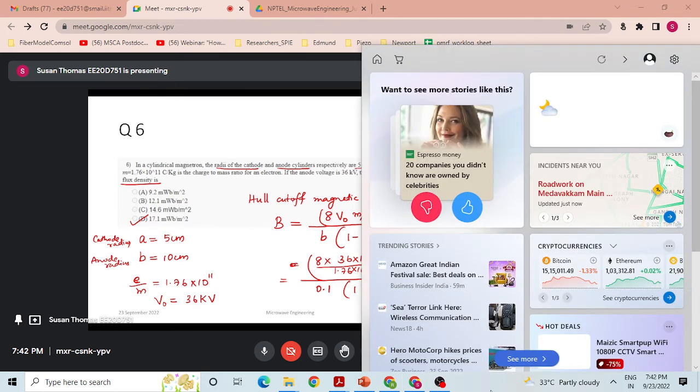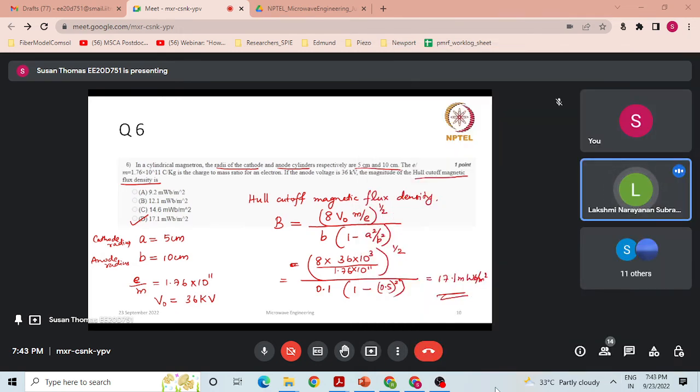Excuse me, ma'am. Yes, please. Ma'am, I have basically one small doubt. That is not only with respect to magnetron, but also with respect to reflex klystron. These two are basically signal sources, microwave signal generators. So my question first, for the cylindrical magnetron, I understand that the cylindrical structure of the anode is going to be the source for the signal generation.